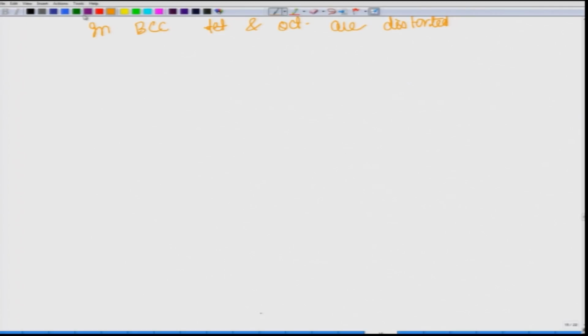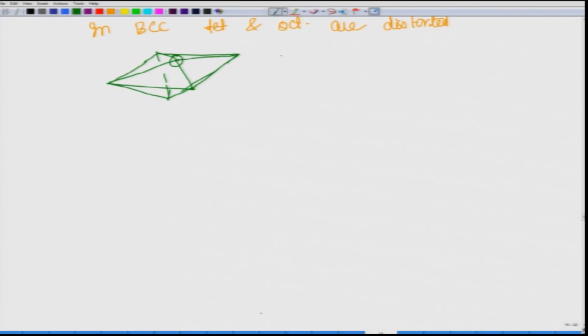Now, let us look at it with a little more clarity. First let us look at the octahedral void. The octahedral void, if you look at it, is something like this. What I am trying to show here is that these two atoms are much closer.